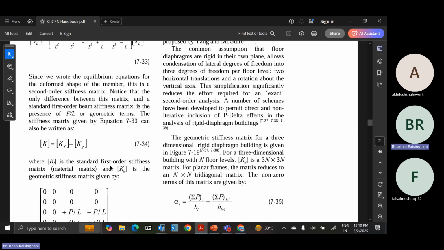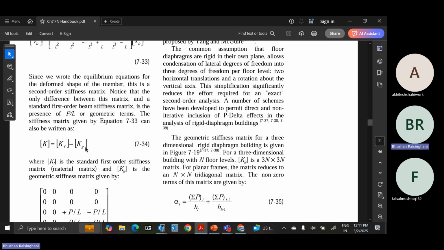So Kf is the first order stiffness matrix, the material matrix, and Kg is the geometric stiffness matrix. So you can see the stiffness is reducing. If you had not considered the geometric nonlinearity, you would have considered Kf, which would have been quite high as compared to the current K, which is having substitution from Kg.